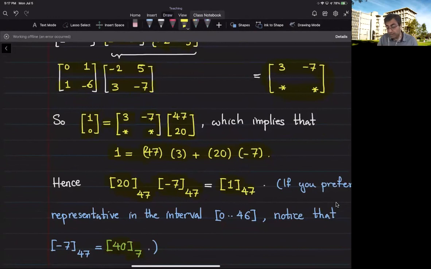So altogether in this video, we understood what elements of integers mod n have multiplicative inverse. Those are precisely the ones that are coprime with n.